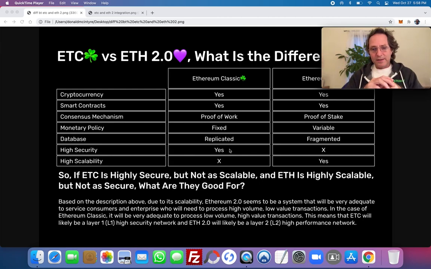So they approximate traditional systems, not only because they're using capitalists, just like in the banking system, to produce blocks and keep the accounts and balances and the state of their smart contracts.